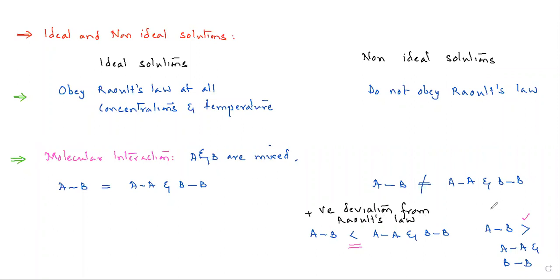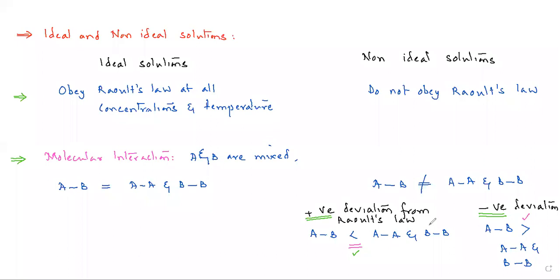And if the interactions between the molecules of A and B are greater, then we call it negative deviation. So, within non-ideal, we have two types: positive deviation and negative deviation. The interesting part is, if the interactions are less than what they were earlier, we call it positive deviation.